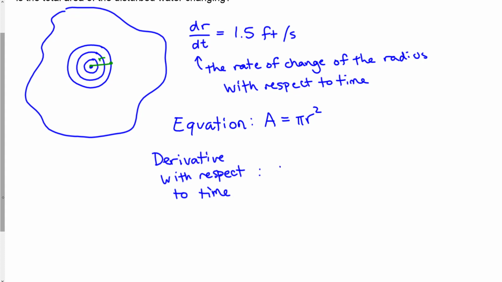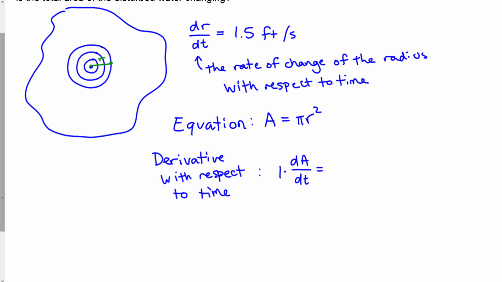That's just 1. Whenever you take the derivative of a linear variable, it's the multiplying constant, which is 1 in this case. But you multiply by the derivative of the inside part, which would be the derivative of A with respect to time. On the other side of this equation, I need to differentiate the radius with respect to time.